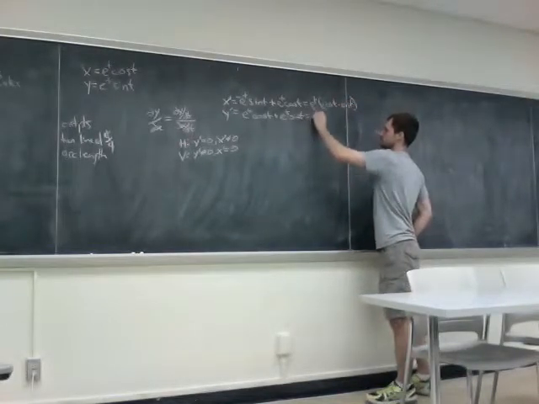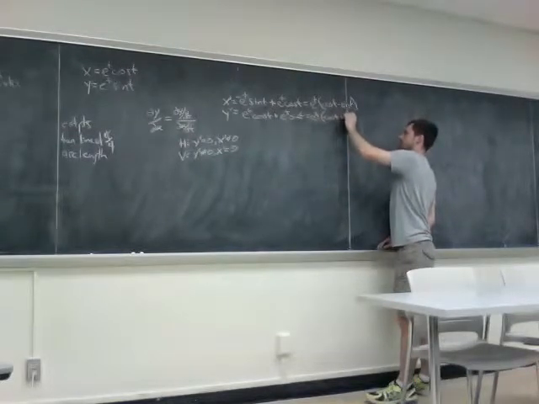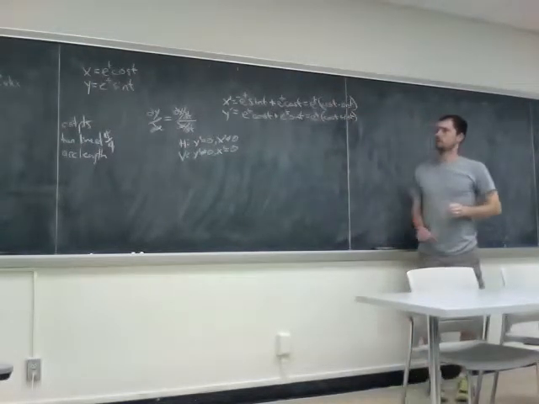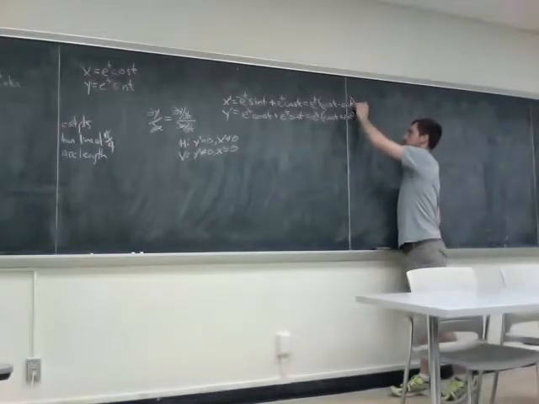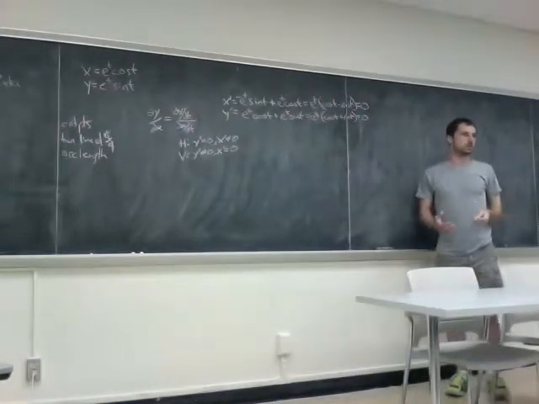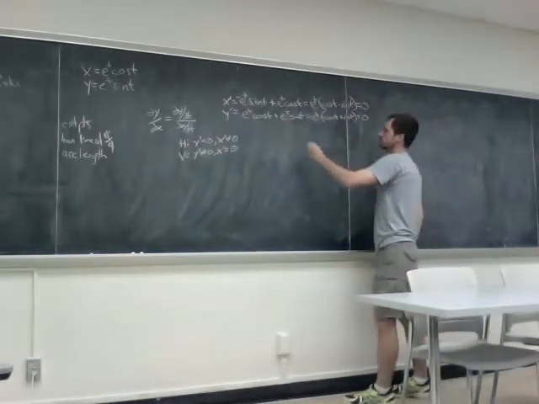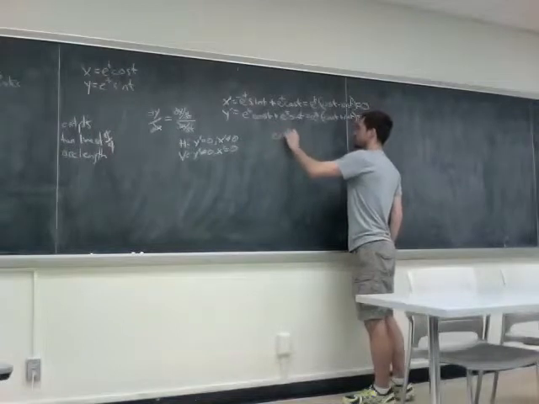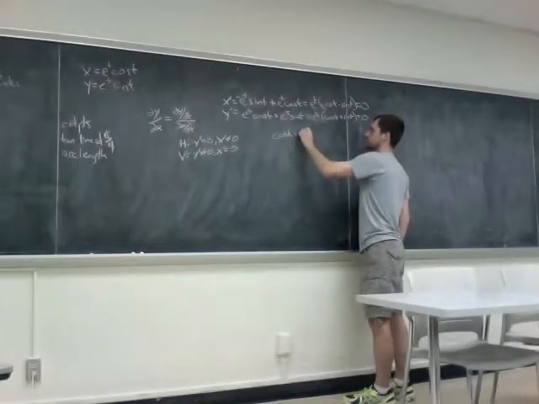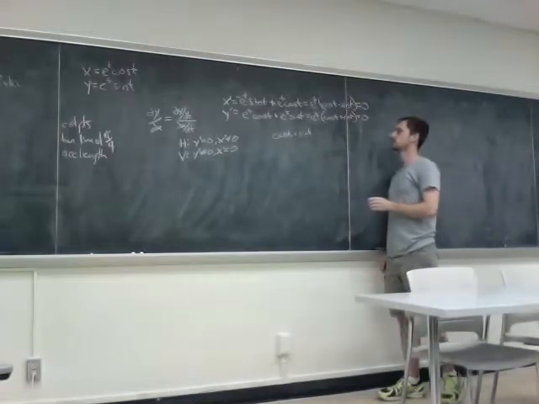Okay, so we're setting each of these equal to 0. We know e to the t is never going to be equal to 0, right? So for our x version, we need cosine t to equal sine t. I just added sine t on both sides.